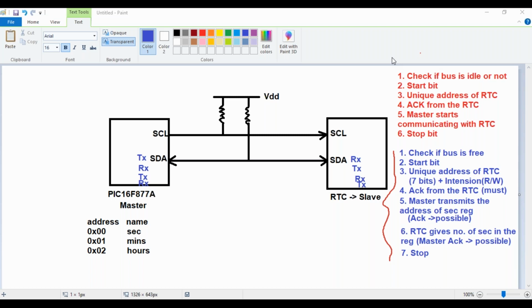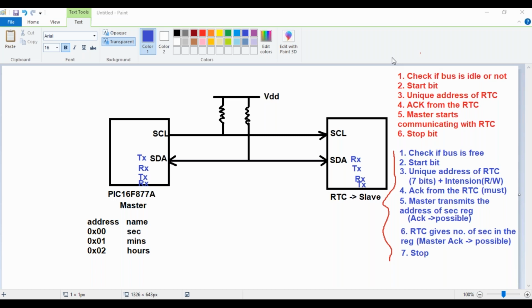I2C is multi-slave, and in this example, can another microcontroller as master access the RTC as per the I2C definition? Obviously multiple masters can be there who can communicate with multiple slaves.